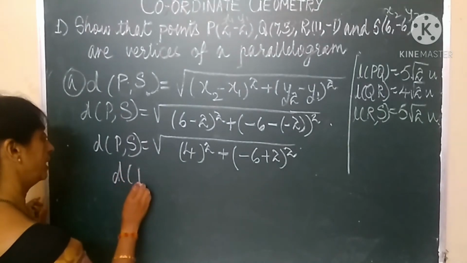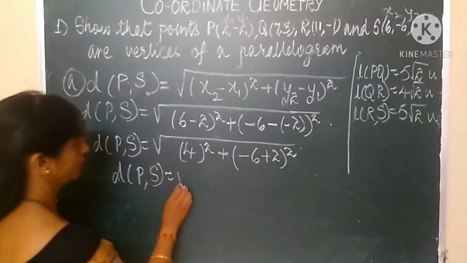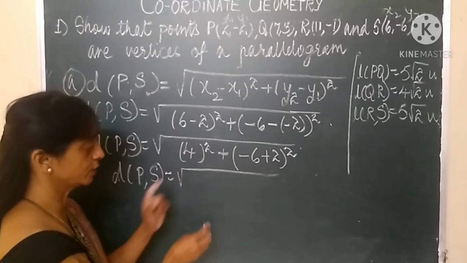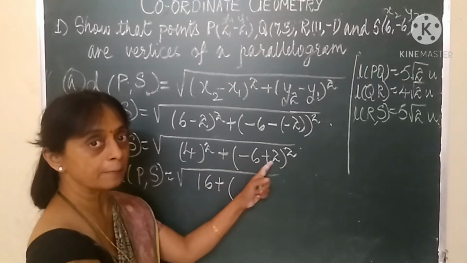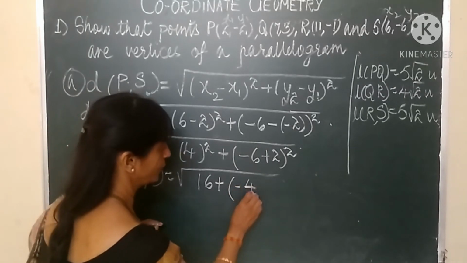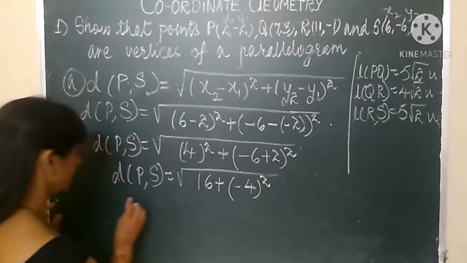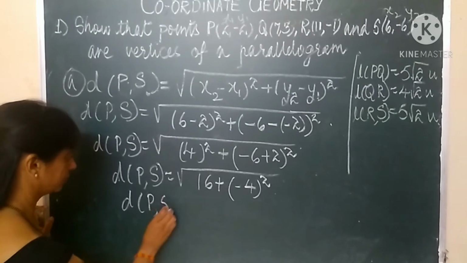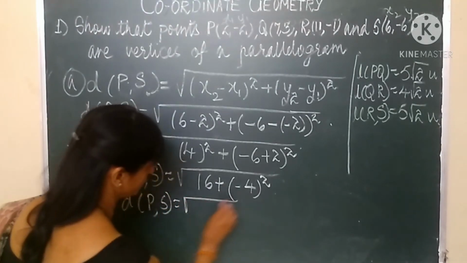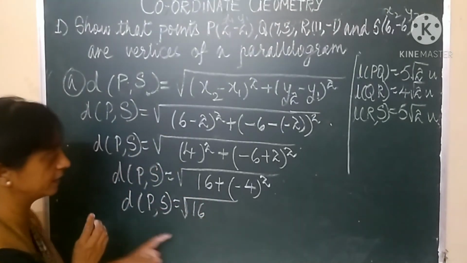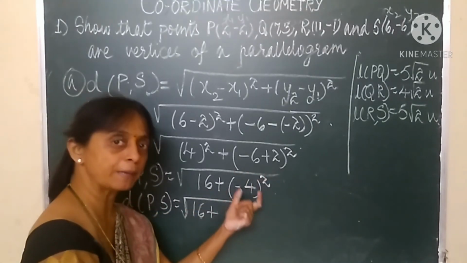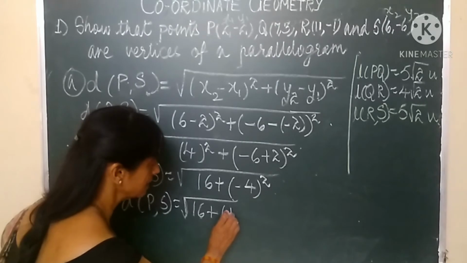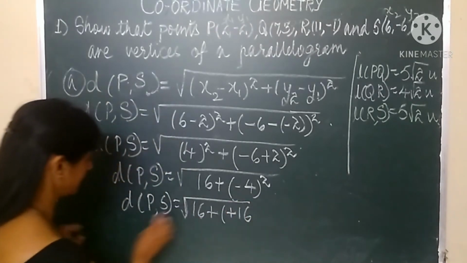So distance PS will be equal to square root of 4 square gives you 16, plus minus 6 plus 2 gives us minus 4, the whole square. So distance PS will be equal to square root of 16 plus minus 4 the whole square, which is minus 4 into minus 4, that is plus 16.